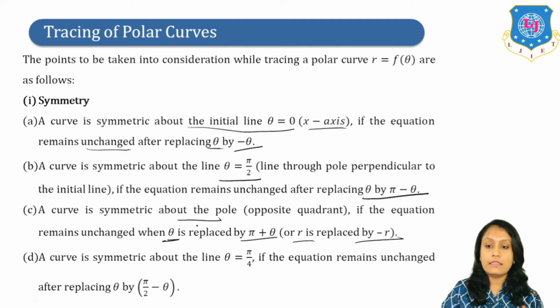And the fourth one is the curve is symmetric about the line theta is equal to pi by 4 if the equation remains unchanged after replacing theta by pi by 2 minus theta. So we have to remember all these four conditions for symmetry.